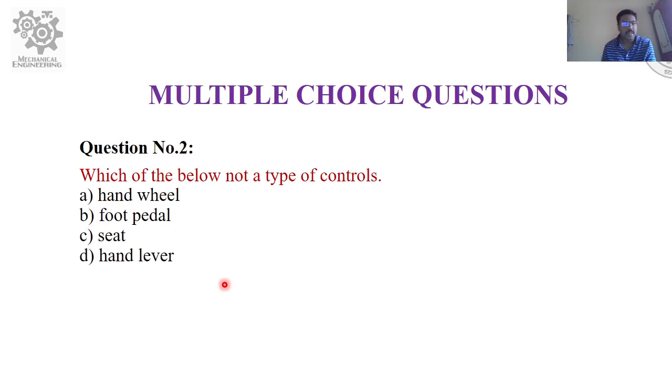We go for the second question. Which of the below is not a type of control? One of these is not in our display controls. First one is hand wheel, second is foot pedal, third is seat, and fourth is hand lever.